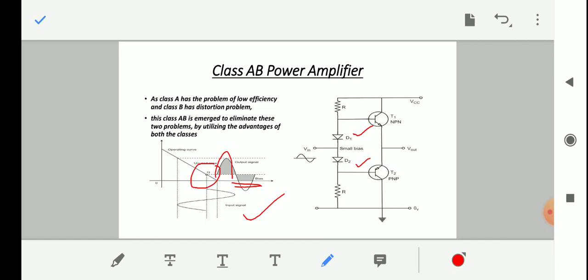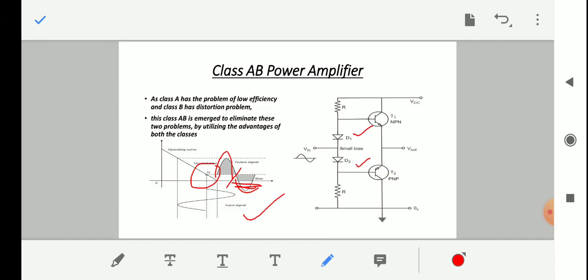Half cycle is completed here, and output is received through the first transistor for more than a half cycle. That means class AB amplifier conducts for more than a half cycle. That means the conduction angle lies between pi to 2 pi, more specifically 270 degrees of phase angle of the input signals.